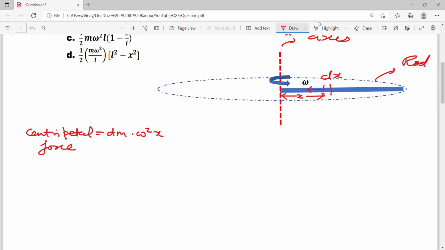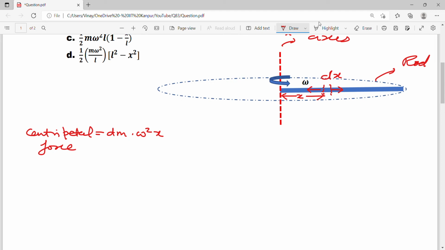Let me tell you something. If this centripetal force is going to act towards the center, then there is going to be a tension force in the rod on the opposite side.